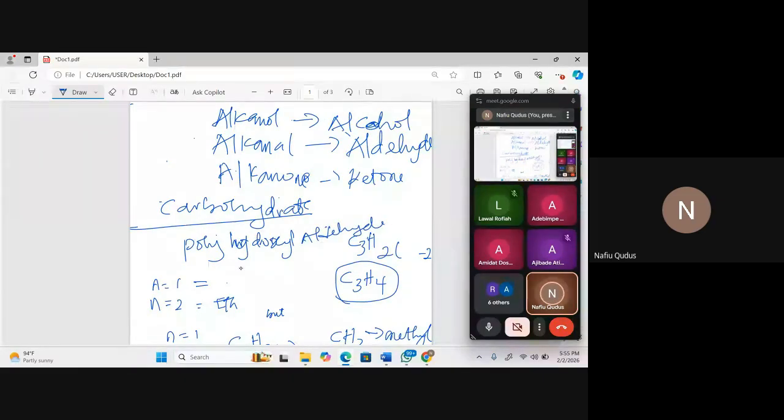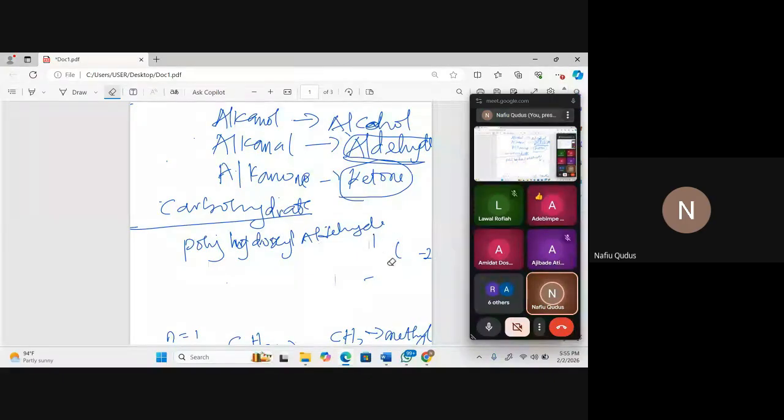So that's the definition of carbohydrate, because it comprises ketones and aldehydes, which is the alkanal. Are we following? Okay, thank you very much.